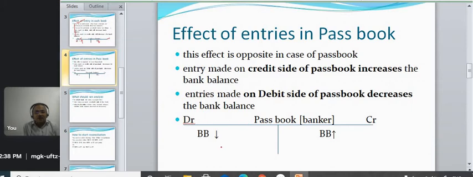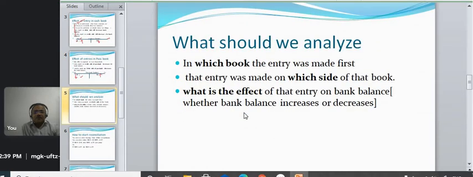When a banker passes any entry on the debit side of the passbook, bank balance comes down, and any entry made on the credit side of the passbook, bank balance increases. So there are two effects: what happens when entries are made in the cash book, and what happens when entries are made in the passbook. I would like to summarize in my next slide.